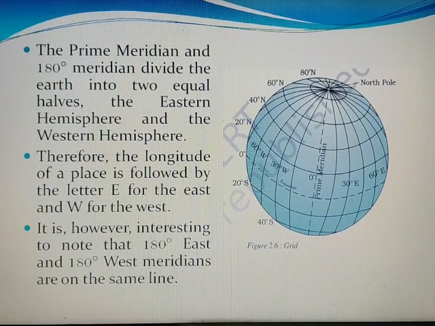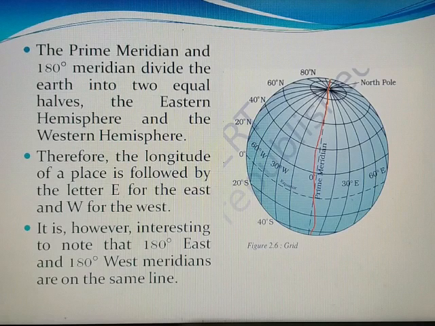Now come to the next point, some additional points about the prime meridian. The prime meridian and the 180 degree meridian divide the earth into two equal halves, the eastern hemisphere and the western hemisphere. Here also look at this dotted line where I am drawing this red line. It is the prime meridian, and opposite to this one is 180 degree. 180 degree will be here.